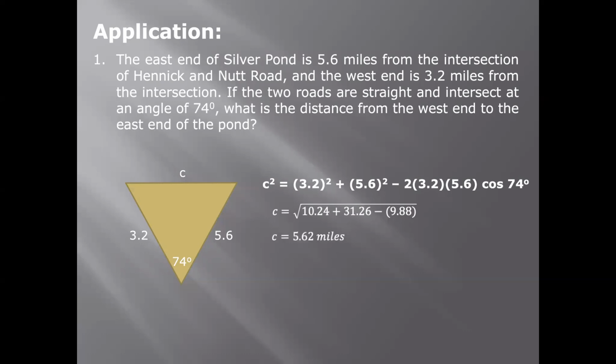Therefore, our final answer should be 5.62 miles. Again, in order to answer problems like this correctly, you must illustrate the problems correctly. So you need to understand and visualize the problem first.